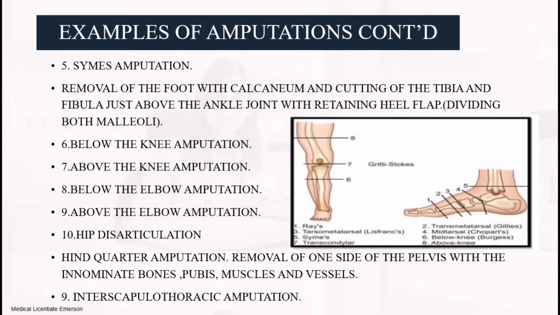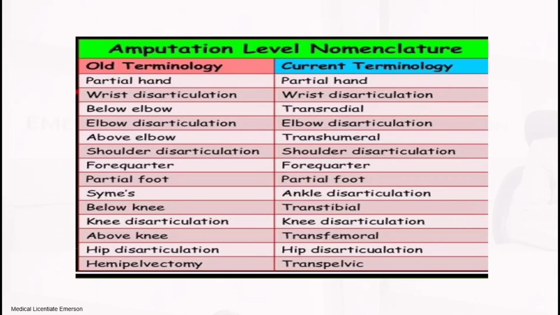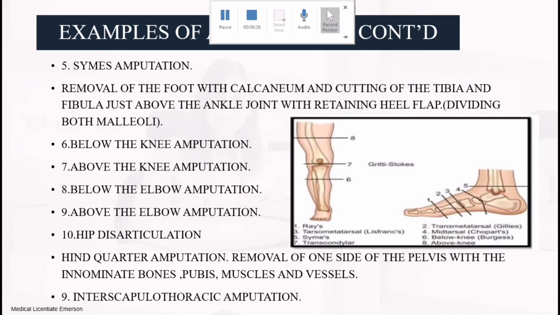Then we have interscapulothoracic amputation. Then finally, this is an important part where we compare the old terminologies with the new terminologies that we are currently using now.